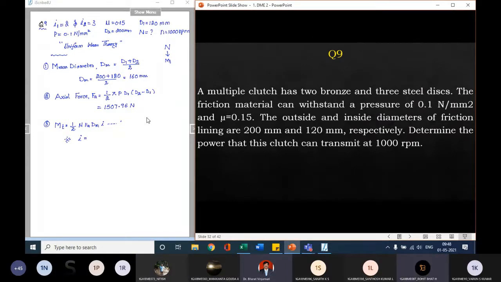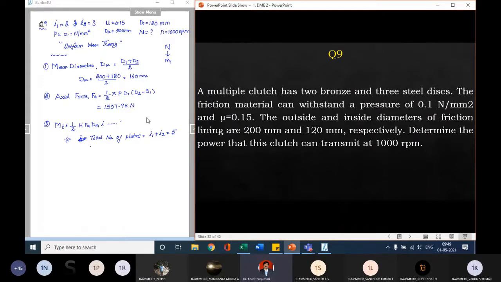First let me see the total number of plates. Total number of plates is equal to i1 plus i2, so it is equal to 5. Yes or no? 2 plus 3. Now what exactly happens in this case?